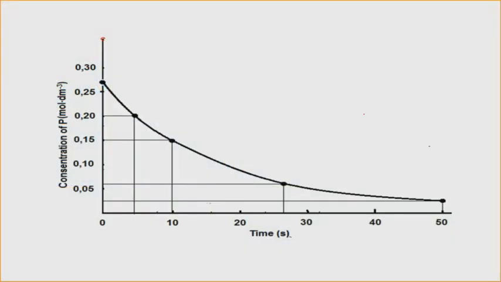If by any chance this graph is in your question paper, you must be able to remember quickly that, oh, this is the graph of the reactants. Why? Because when you start the reaction, you start with higher concentration. As the reaction proceeds, the concentration decreases until it flattens.